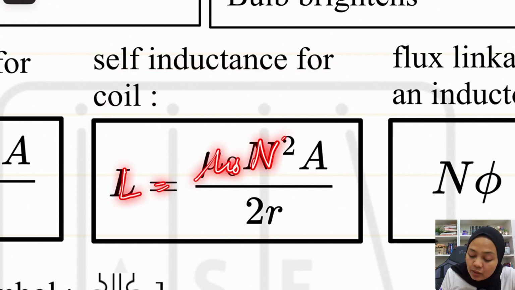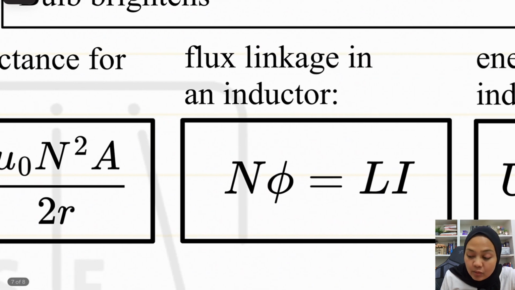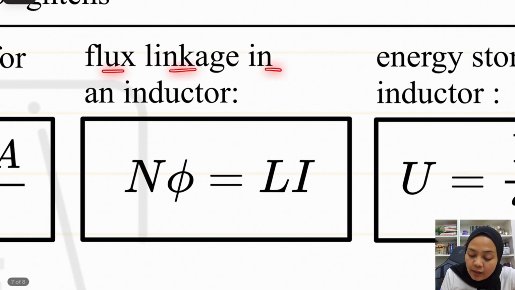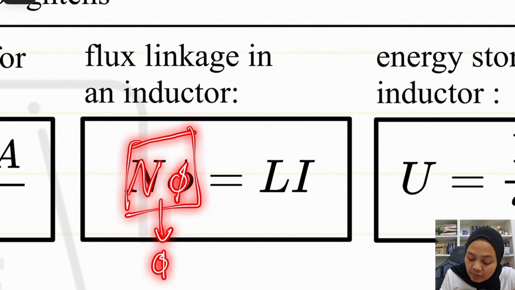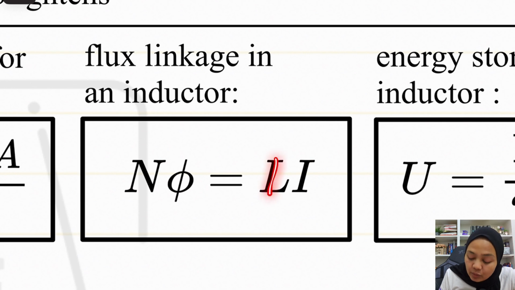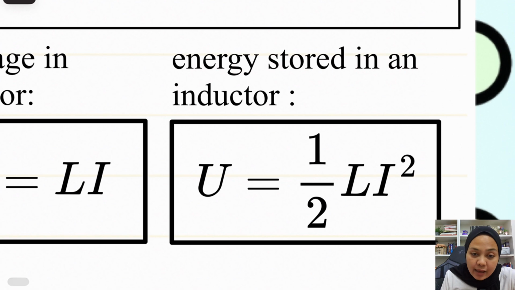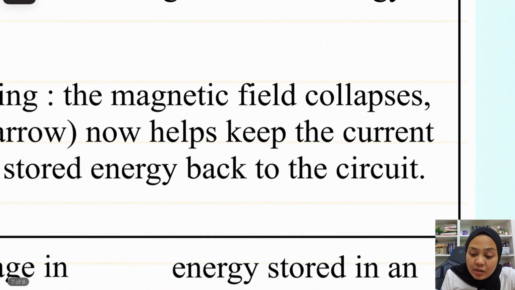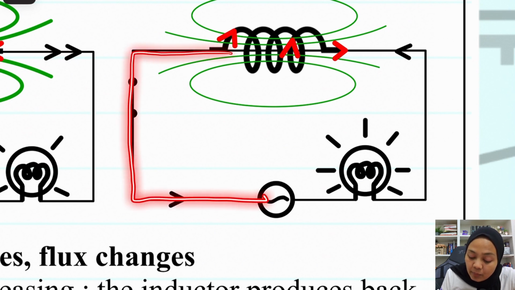Next, we have the self-inductance for the coil: L equals mu naught N squared A over 2R, or sometimes people call it D, which is the diameter. Next, we have the flux linkage in an inductor: N times flux, sometimes called flux linkage, equals L times I. This is where we get the energy stored, which is later used because the current starts to flow backwards.